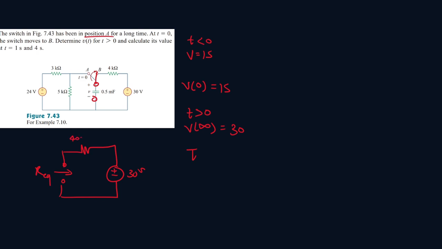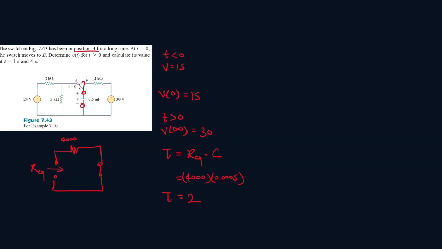So this is 4,000 ohms. We turn off all independent sources, so this one we will just leave as a short circuit. So the equivalent resistance will be 4,000 ohms. So the time constant will be the equivalent resistance times the capacitor value. So it'll be 4,000 times the capacitor value, which is 0.0005. Let me just double check that. Yep, times 4,000. So the time constant is 2.